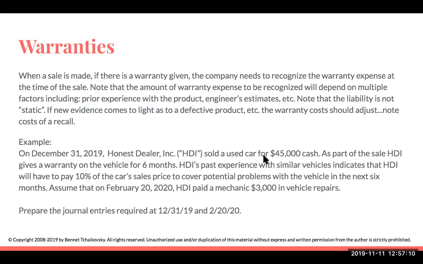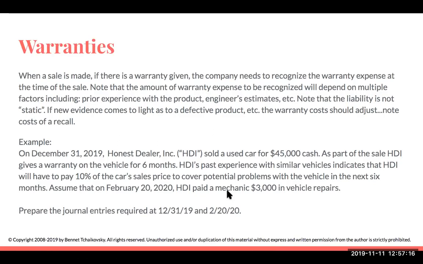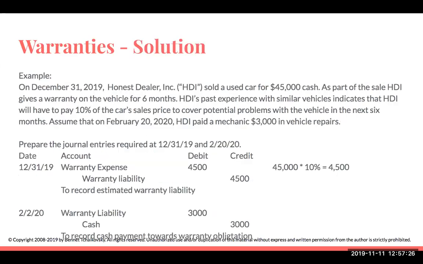Assume that on February 20th, 2020, HDI paid a mechanic $3,000 in vehicle repairs. This question asks us to do two things: a journal entry as of December 31st, 2019, and then as of February 20th, 2020.